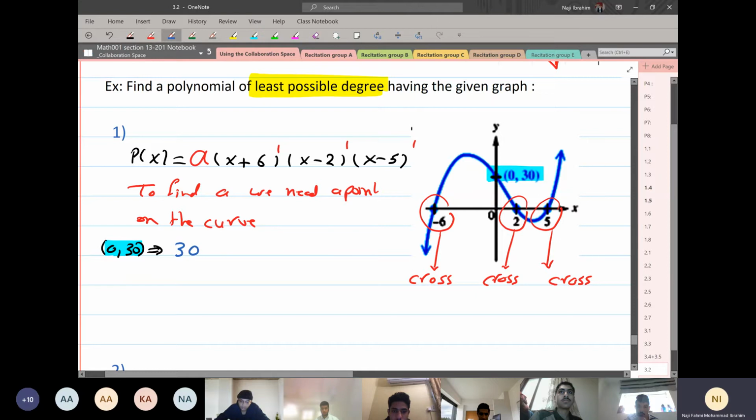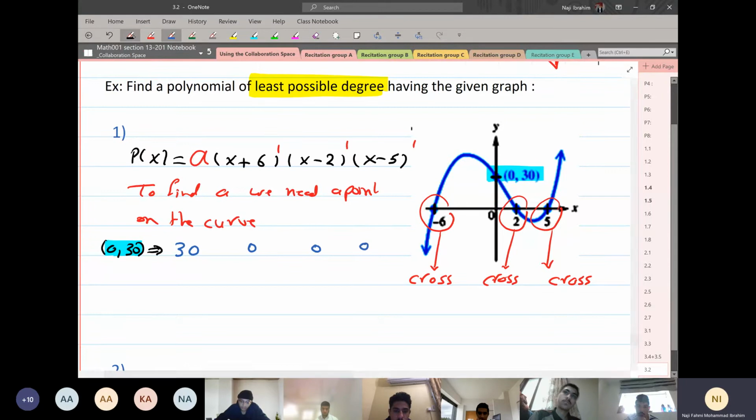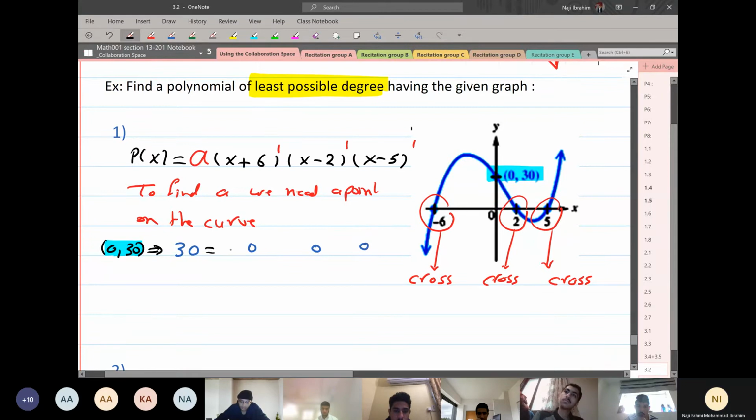I will replace y by 30 and x by what? By 0. So I will say 30 is equal to what now? a multiplied by what? 6 times negative 2 times negative 5.